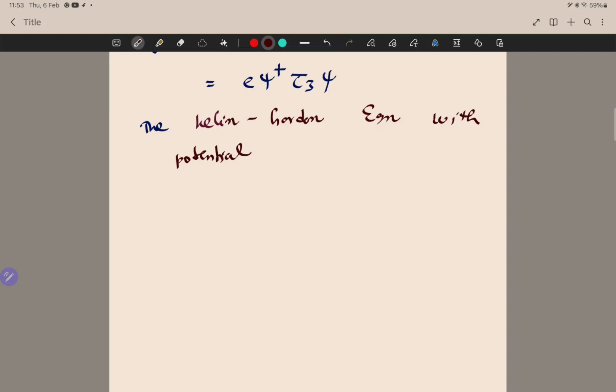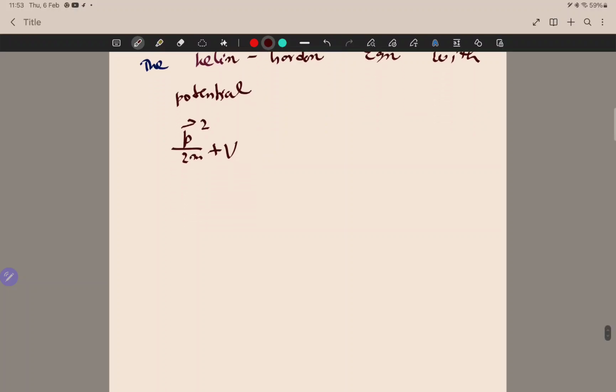In non-relativistic mechanics, we can simply add the potential to the kinetic energy, which is p² divided by 2m plus V. In relativistic quantum mechanics, we implement this by replacing p by p minus eA vector and E by E minus φ.